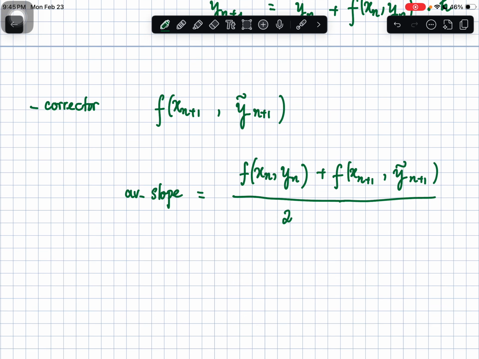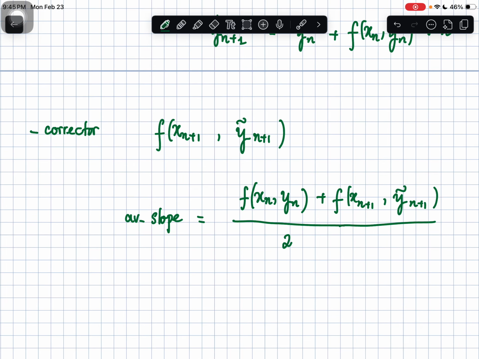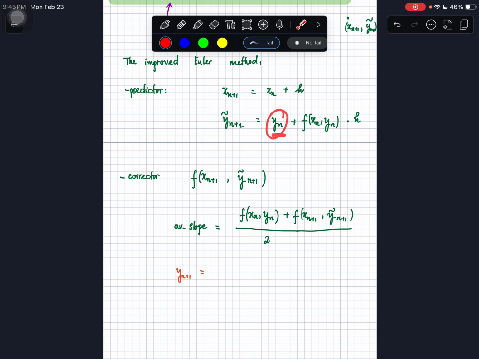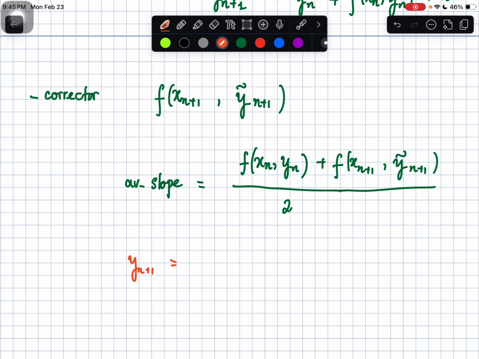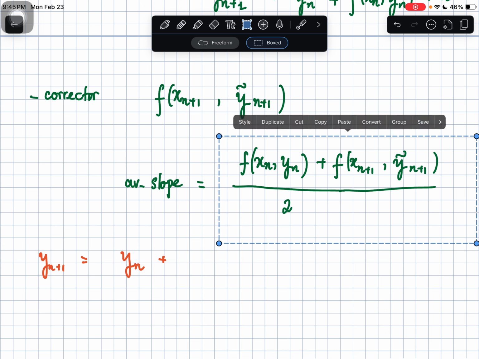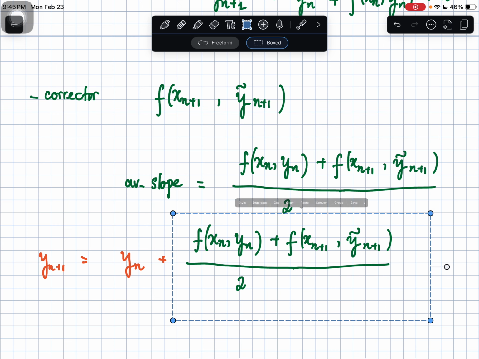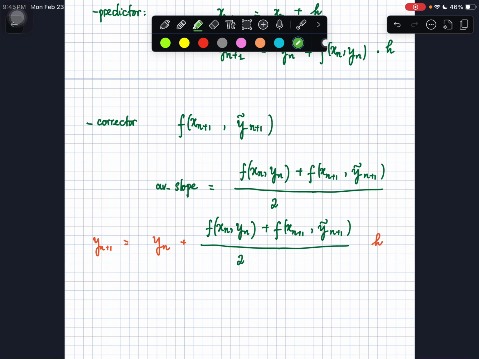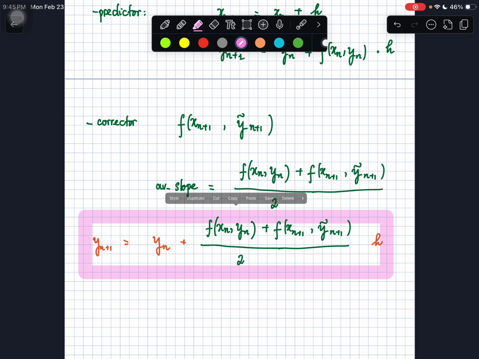And now use this slope to write down the equation of y(n+1). y(n+1) equal to, so we have exactly this formula, but we use the average slope. y(n+1) is yn plus the average of the slope times h. This is the corrector. So this formula is the corrector.